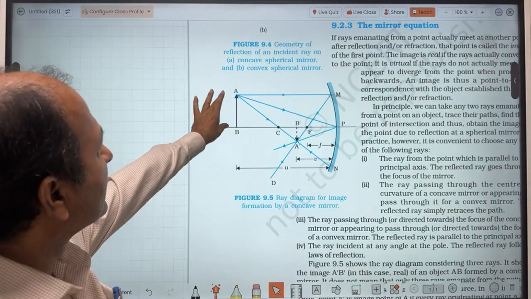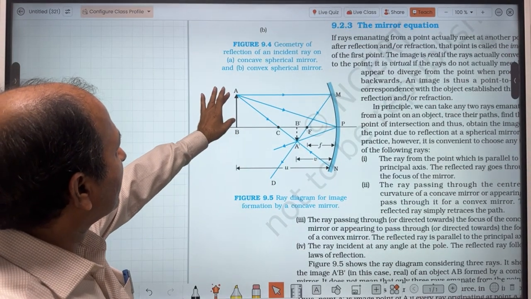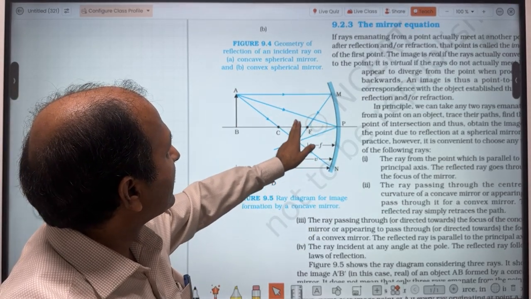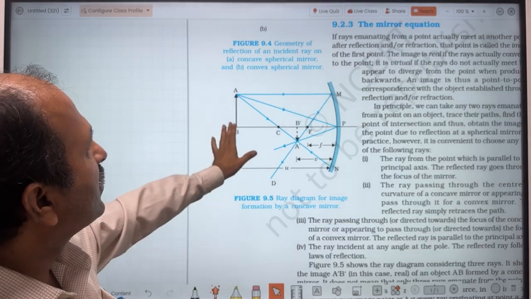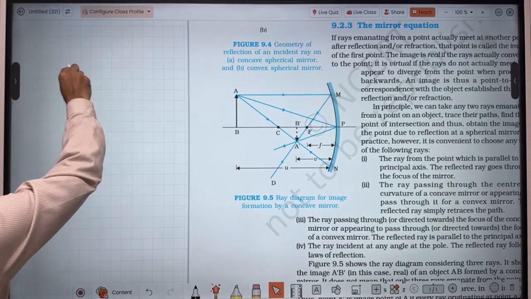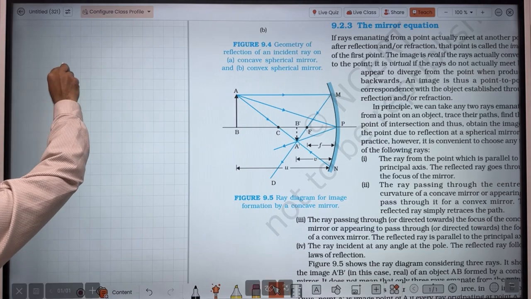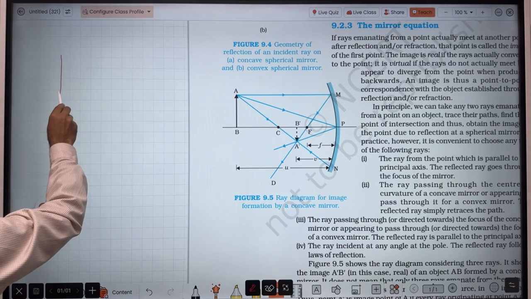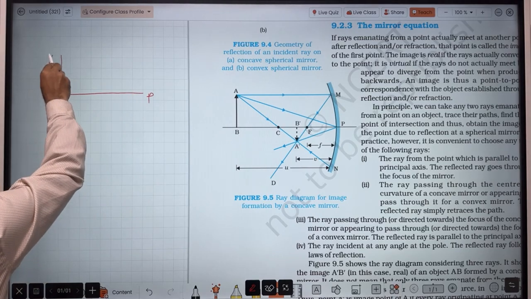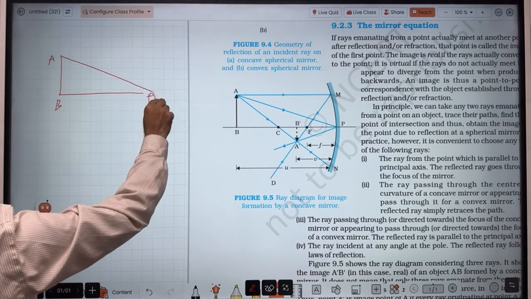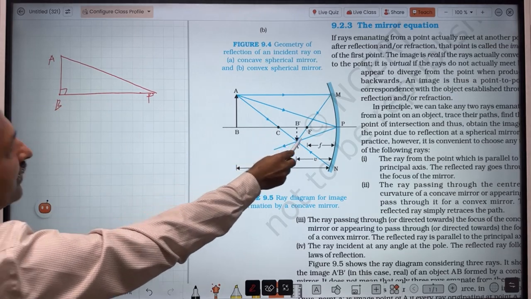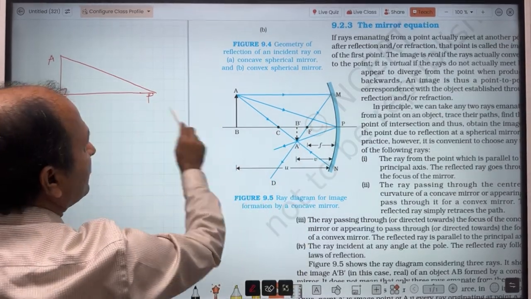Magnification means here we can consider these two triangles, ABP and triangle A dash B dash P. So, the ratio of perpendiculars. Here we are considering this triangle: this is P, this is B, this is A. This is 90 degrees, and there is another triangle here.